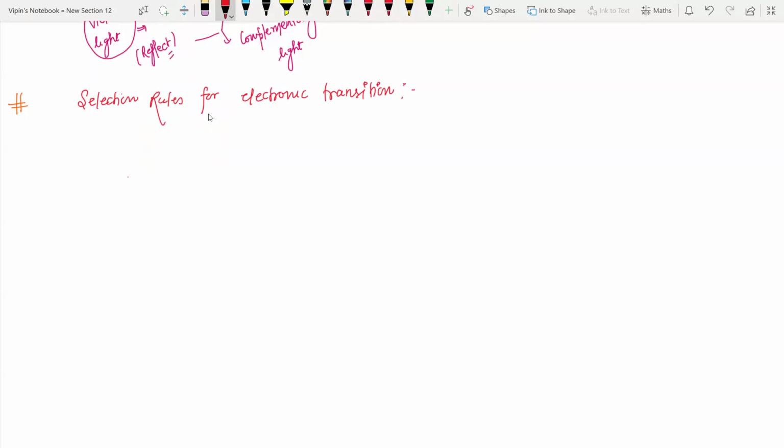Selection rules predict whether a particular complex will show electronic transition or not.